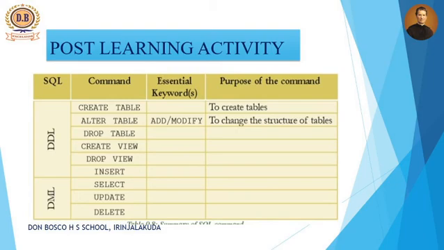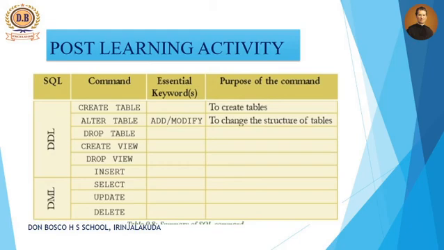There is no essential keyword. Then for what purpose do we use it? For creating a table. Second one, alter table: we can add a column, modify a column, rename a column. These are the essential keywords. Third, drop table. Is there any other keyword? No, table name is not a keyword.